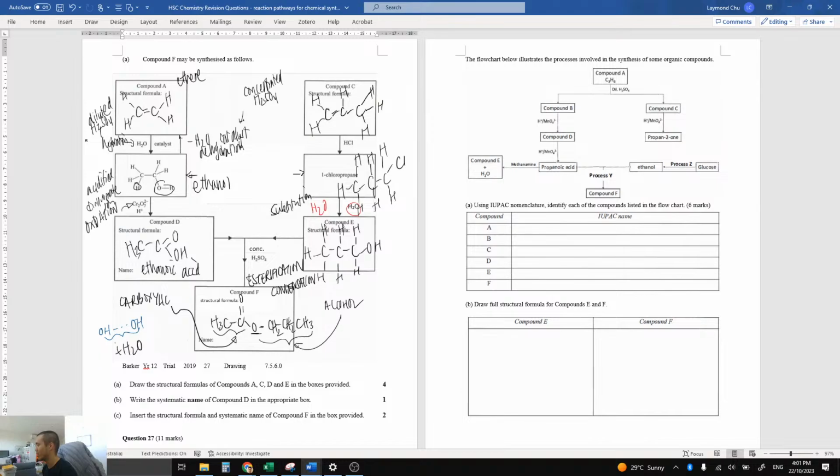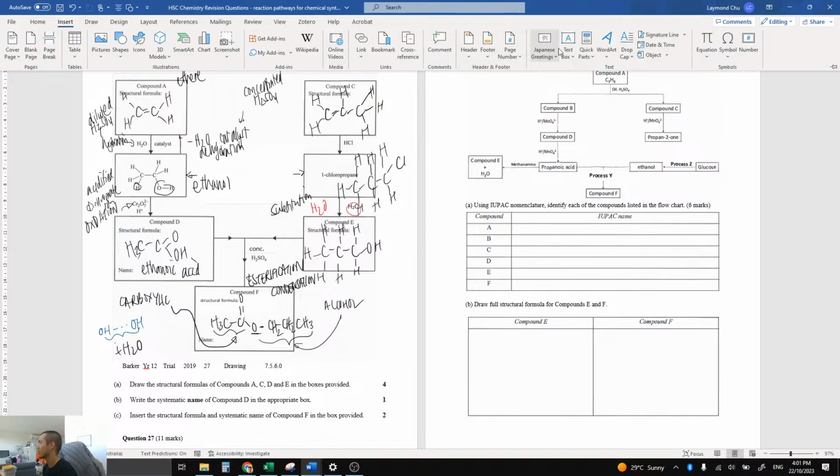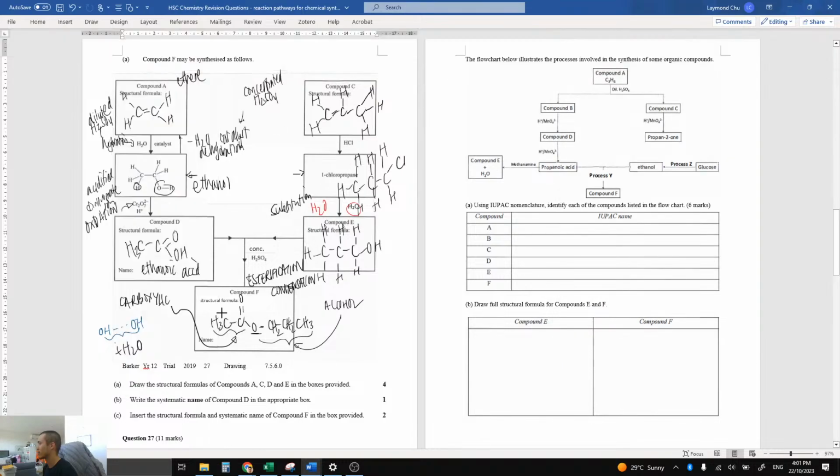Okay, if I was to cover this side, it's really hard to do that. Let's insert a shape. Okay, so if I look at it like that, this is just my propanol, right? If I have a H here. If I cover this side, that's just my ethanoic acid if I have a H here, right?